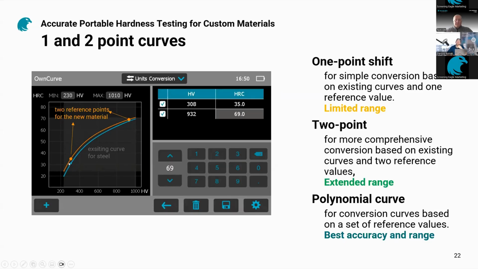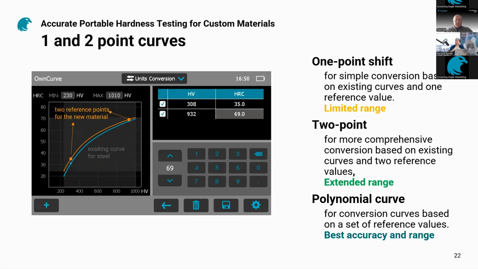But since we have done this study, we know that it is actually 35 HRC. Consequently, at 930 Vickers, the value should be around 67 HRC, but the results showed us that this is in fact 69. So by remeasuring, instead of using a default conversion because this material is slightly different, we obtain a new one. The new conversion, when generated, can be used to measure that specific material.